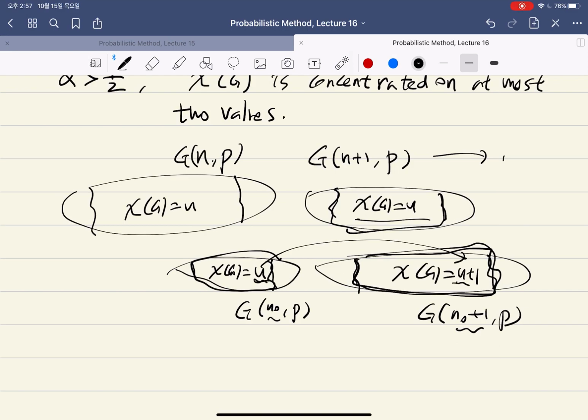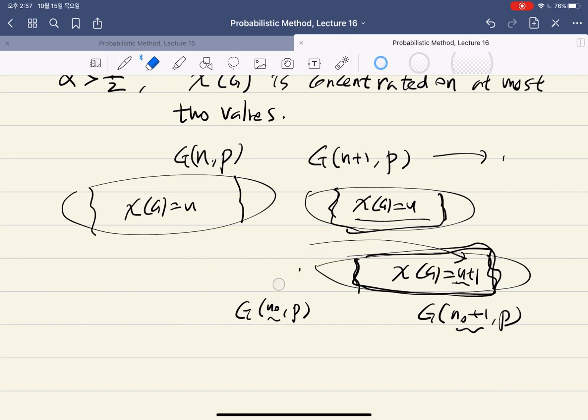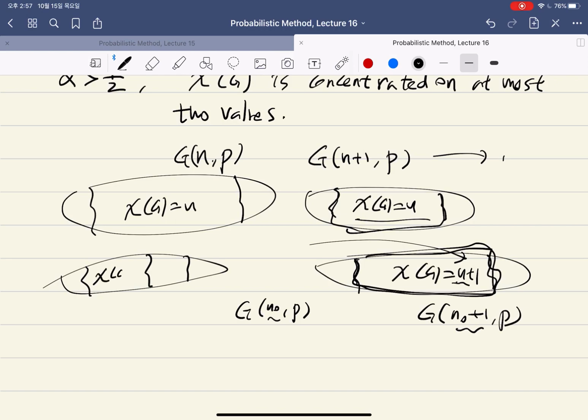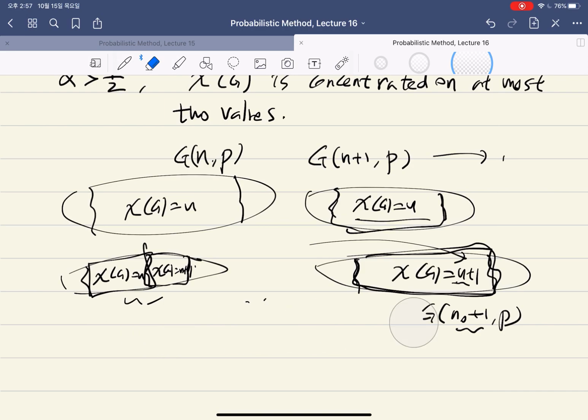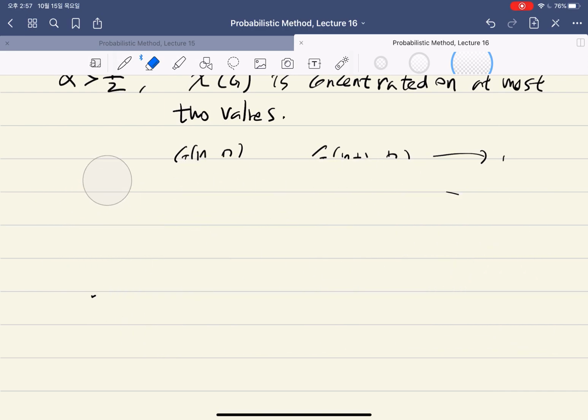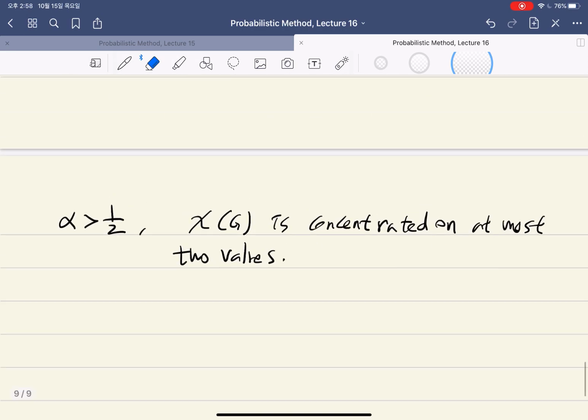So our intuition tells us that there must be some state where many are u and also many are u plus 1. And then both of them are non-negligible for a certain range of n. So hopefully this can convince you that this 2-point concentration is the best thing we can get.